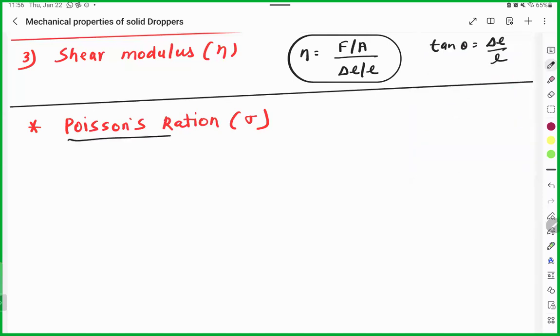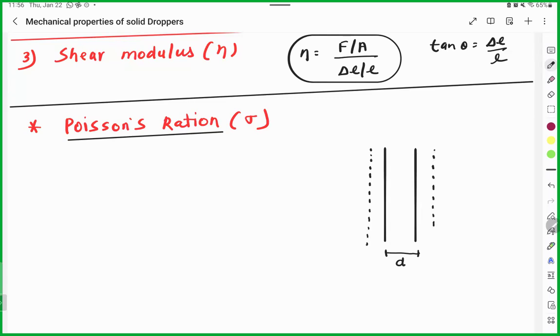Poisson ratio includes the lateral strain. Example, you have a wire with a particular width. Let's take this wire to have width d. If you try to expand this, then there will be an increase in the width.